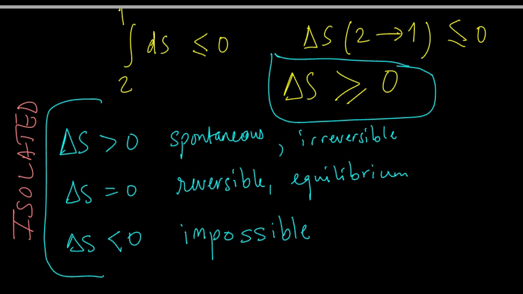How does it contradict? Be very careful about that. It's dQ reversible by T. And if it is dQ reversible by T cyclic, it's always equal to 0.